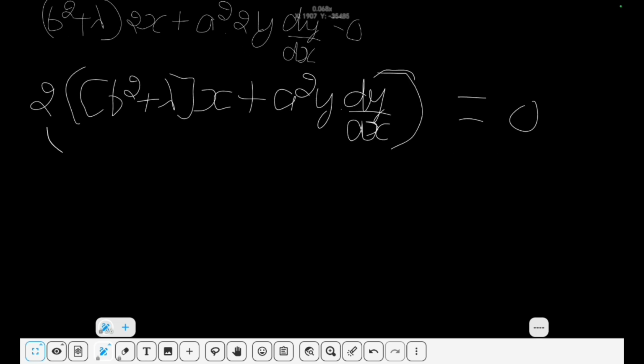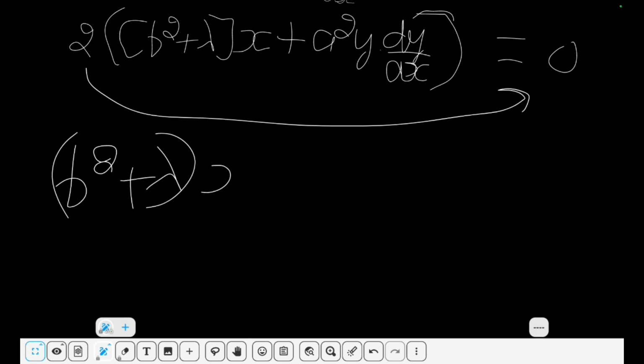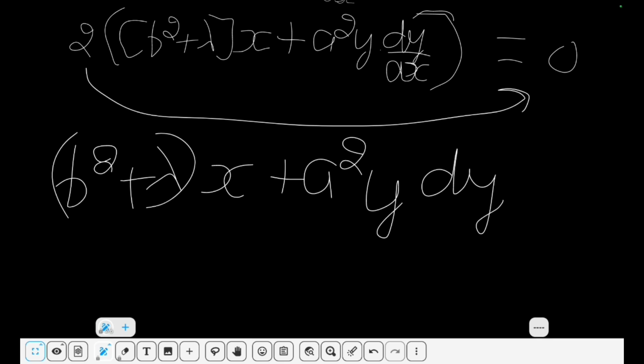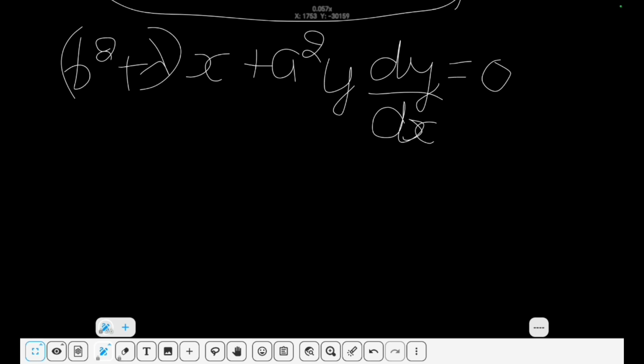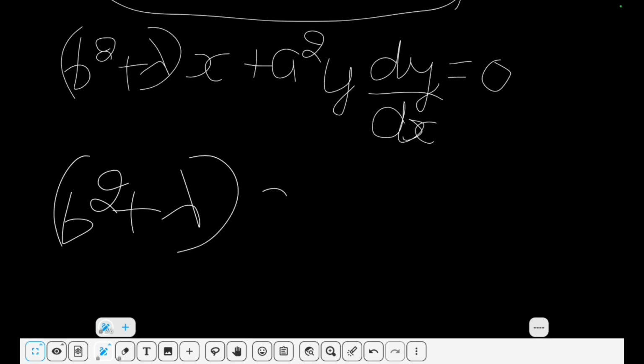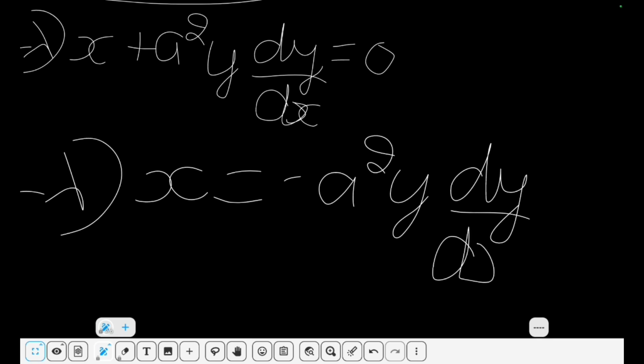So I can put this 2 to the other side, so that becomes b square plus lambda into x plus a square y into dy by dx, that equals 0. Now b square plus lambda into x, that equals minus a square into y into dy by dx.